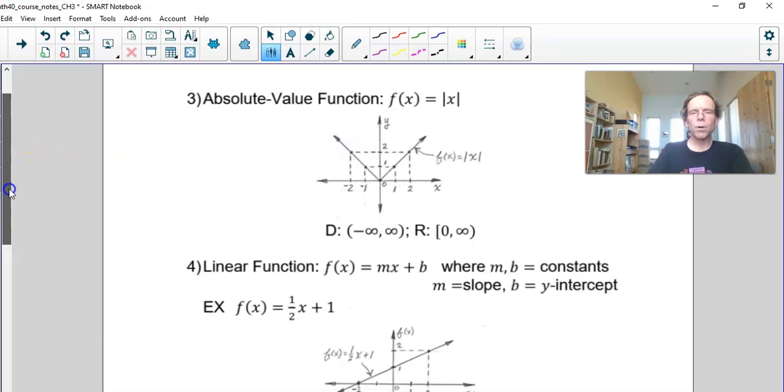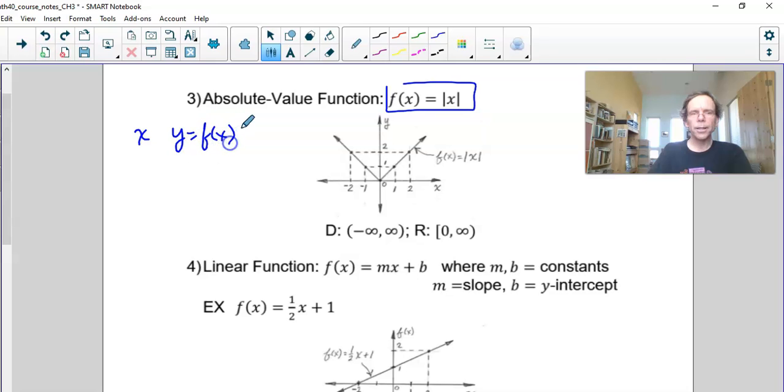The next important graph in our function library is the absolute value function. So here, y is f of x, which is the absolute value of x. I'm making a table of points. This is a nice way of seeing a few points that you can then connect the dots and get the graph.